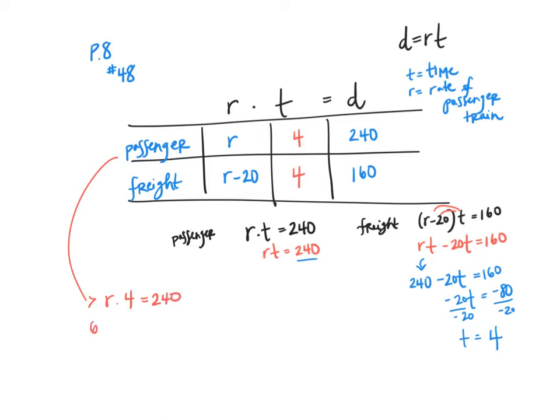So that means the rate of the passenger is 60 miles an hour. And then for the freight, of course, we can now plug in our R, and so the rate of the freight train is going to be 40 miles per hour. And you can do a quick check, of course, with rate times time equals the distance.